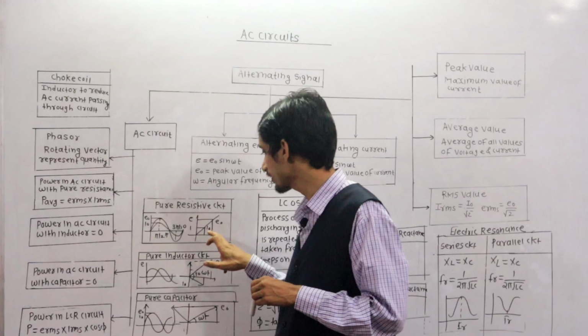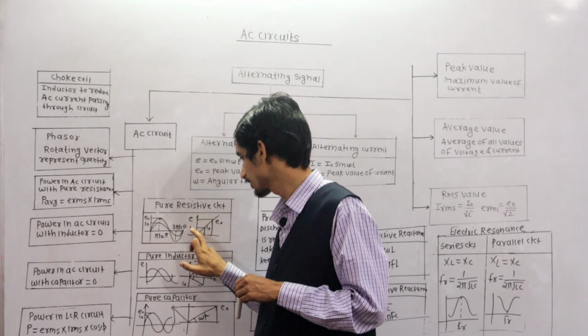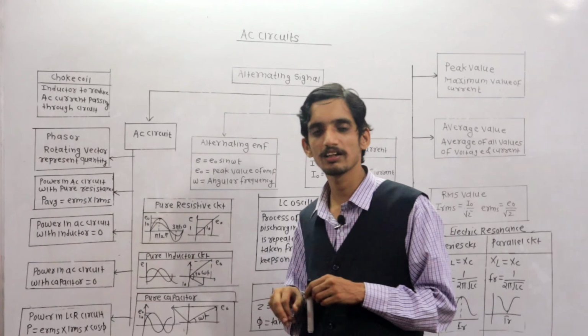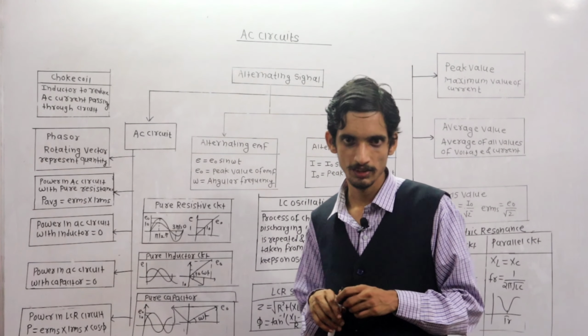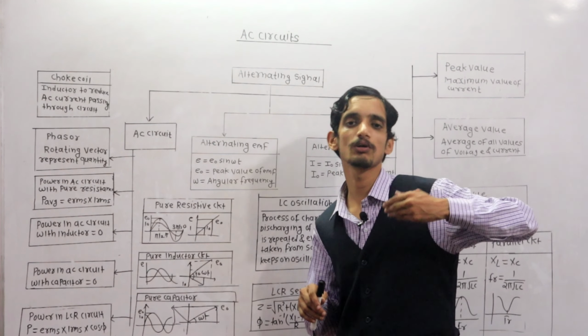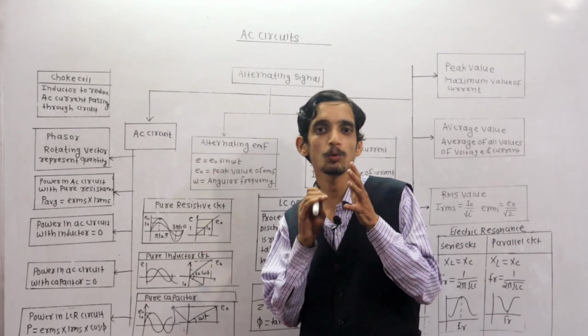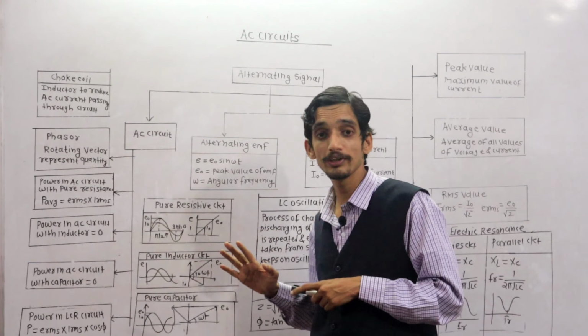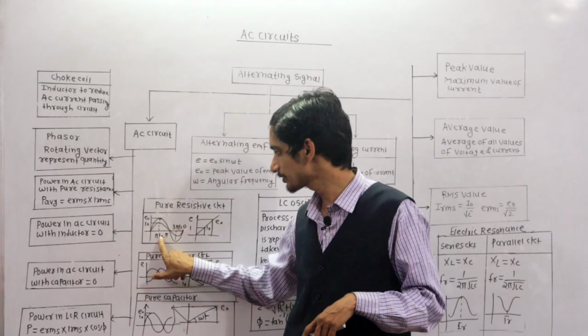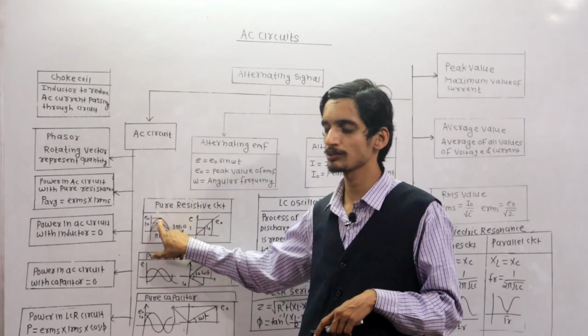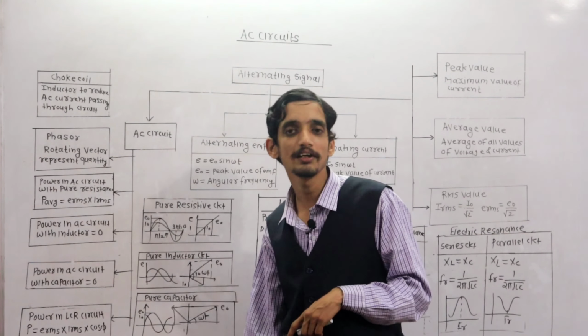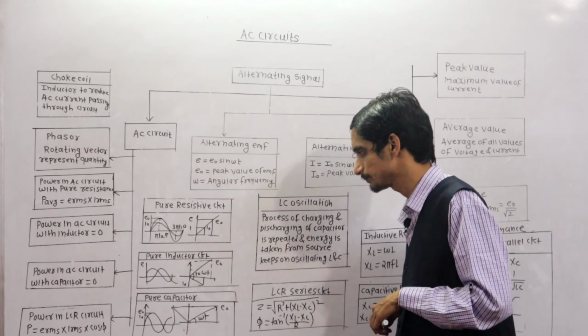If you draw the phasor diagram, the instantaneous EMF and instantaneous current are in phase, going hand in hand with each other. There is no time difference. Whenever the alternating EMF reaches its maximum value, at the same time the alternating current also reaches its maximum value.